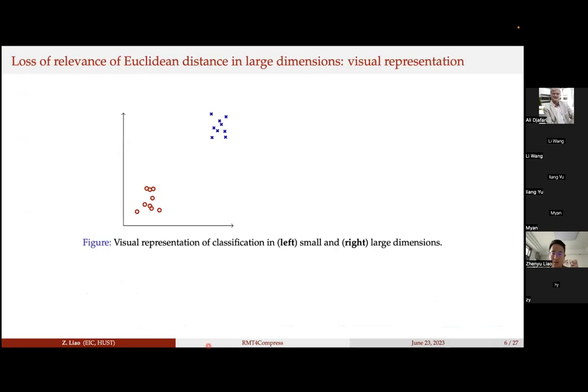Our left-hand side is the small dimensional regime. For everything small, in the two-dimensional or even three-dimensional world we're living in, we have the idea of distance and being close or far from each other. Here we have these red crosses from class C1, for example, the red circles from class C1, and the blue crosses from class C2.